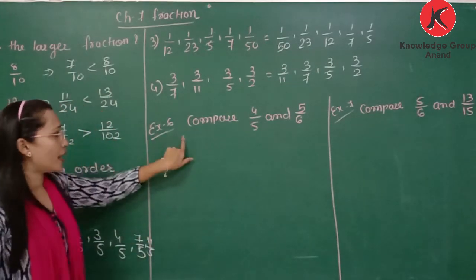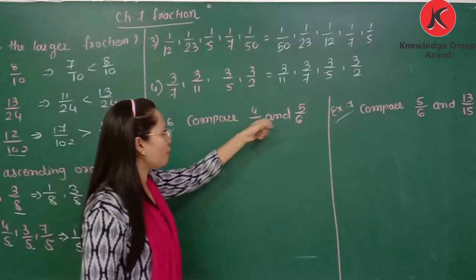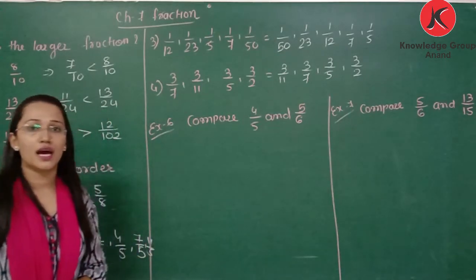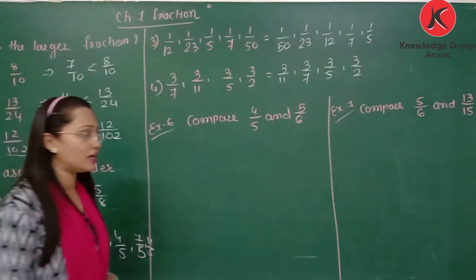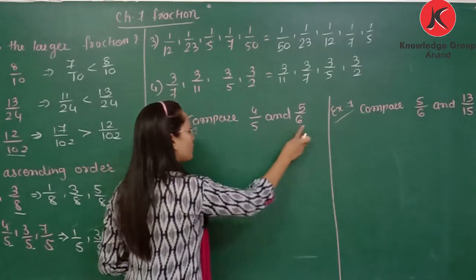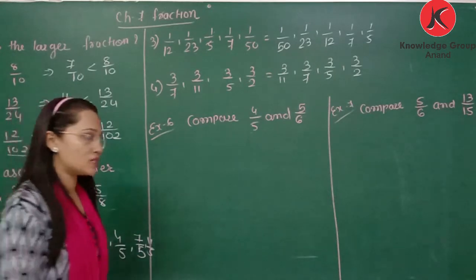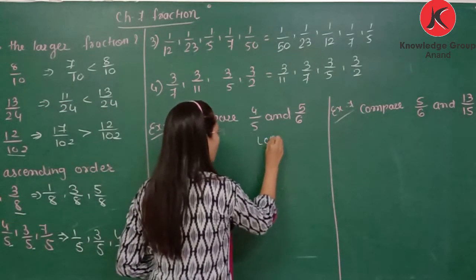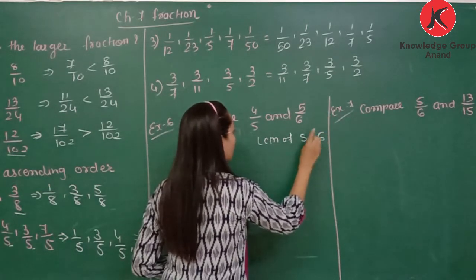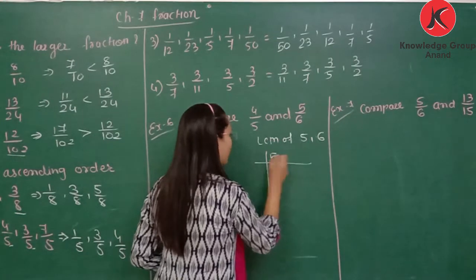Now let's compare example 6 that is given in your textbook. Compare 4/5 and 5/6. Which fractions are these? These are unlike fractions, because the denominators are different: one is 5 and one is 6. So you can perform the LCM method. Let's find the LCM of 5 and 6.